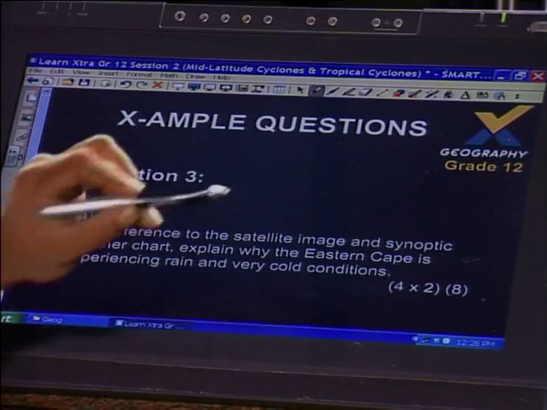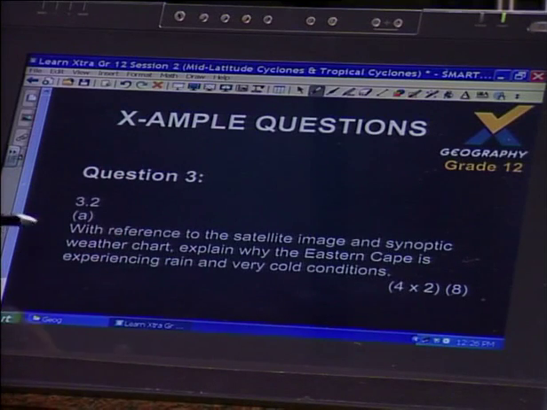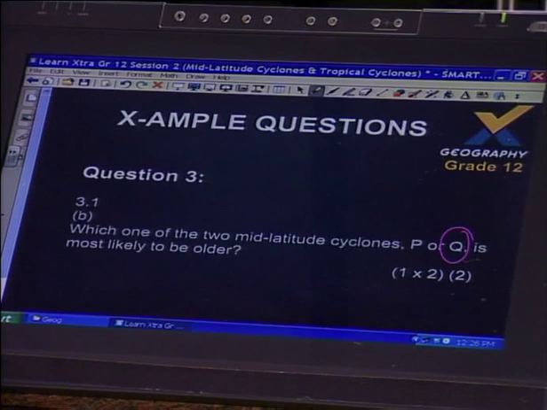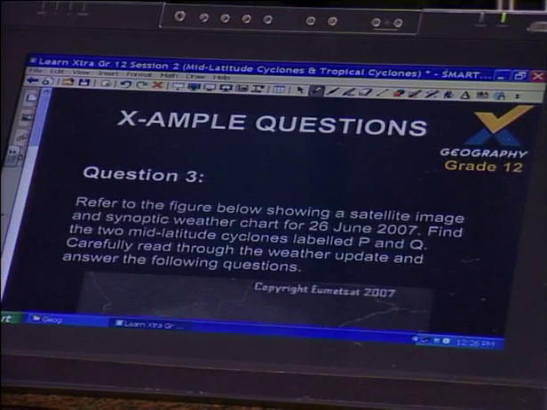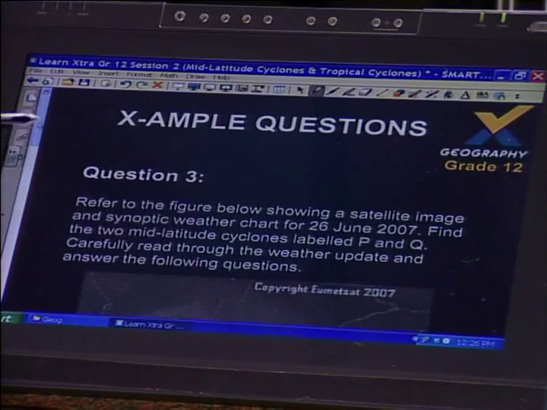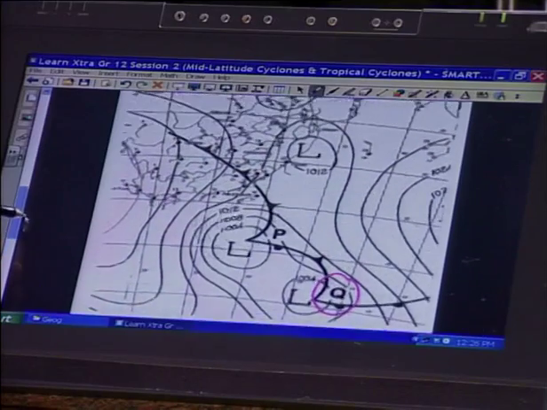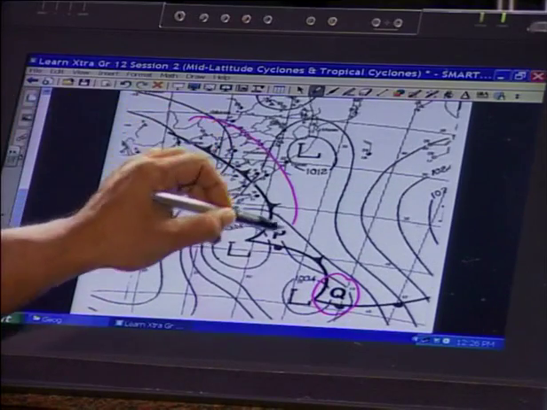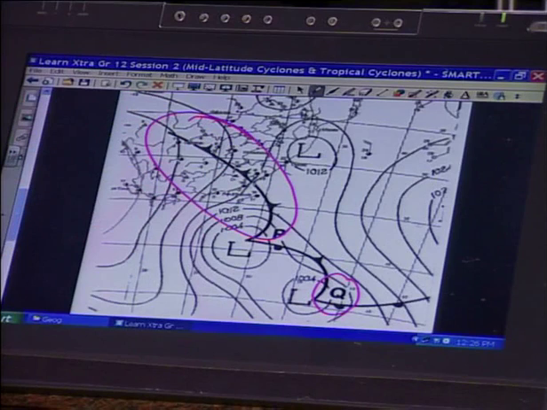With reference to the satellite image and synoptic chart, explain why the Eastern Cape is experiencing rain and very cold conditions. And if you go back to our synoptic chart, what we'd notice is that the cold front is over the Eastern Cape.